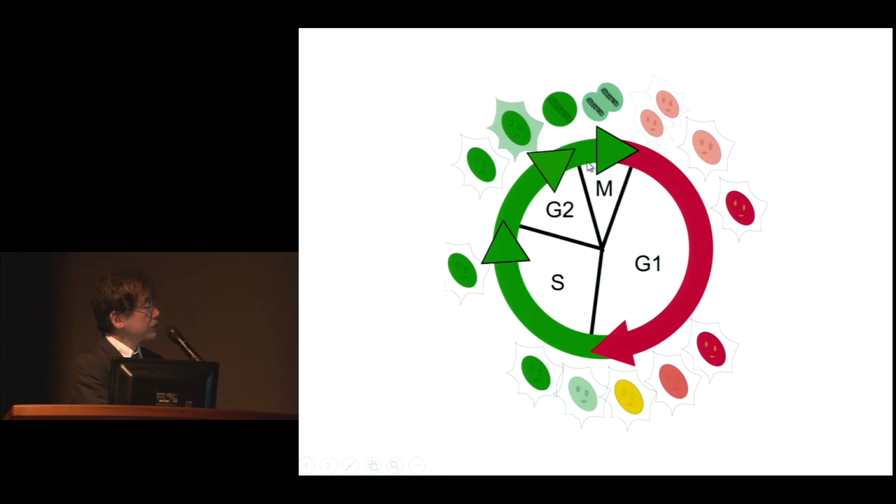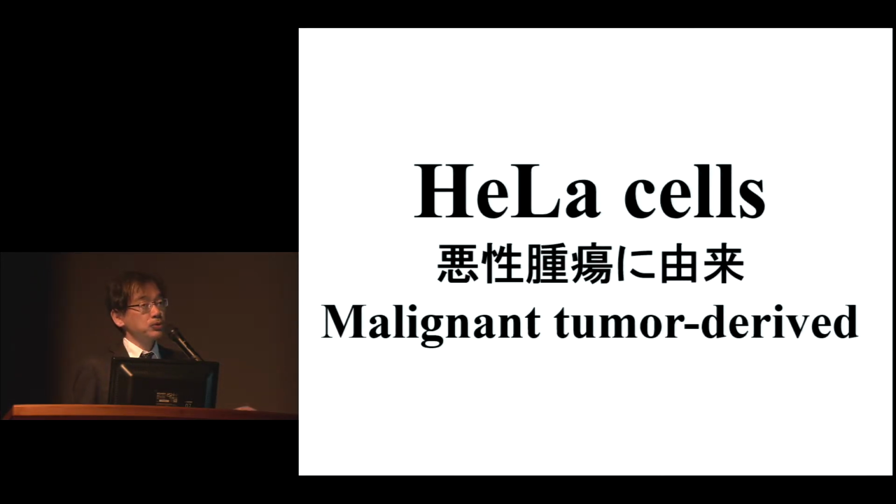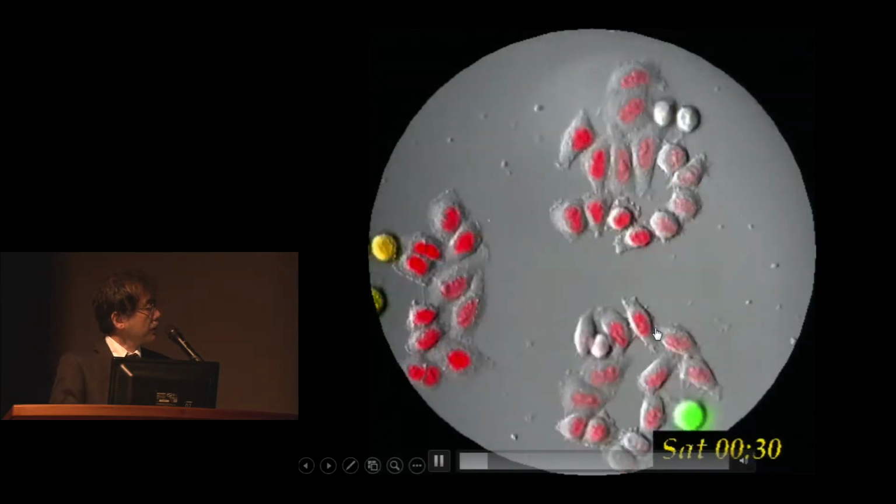Now the G1/S transition can be monitored as a color conversion from red to green through yellow. So that's Fucci.